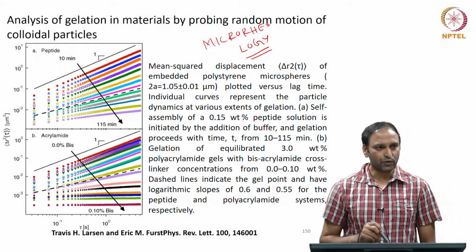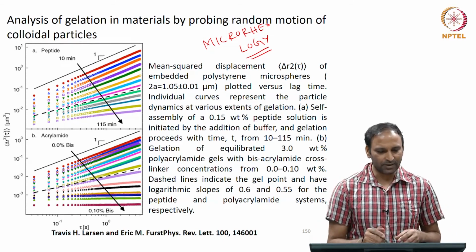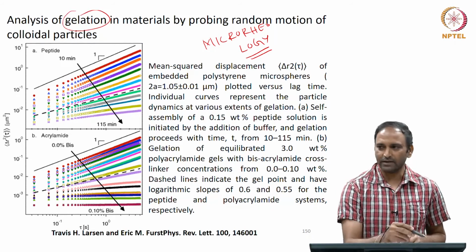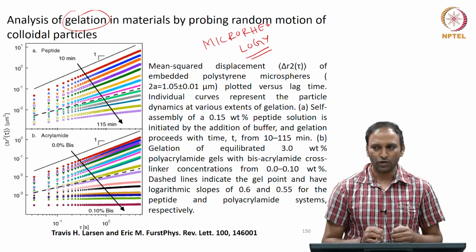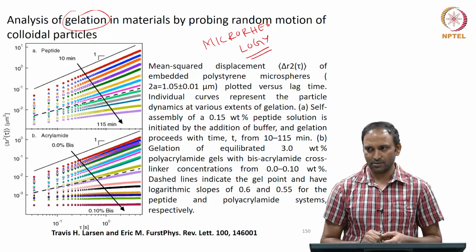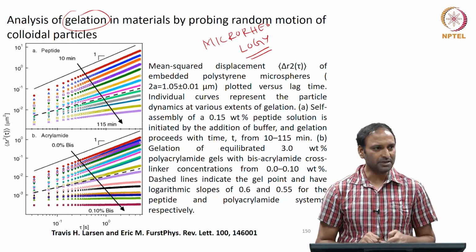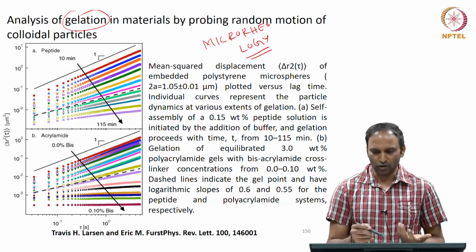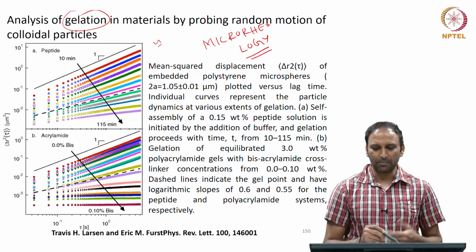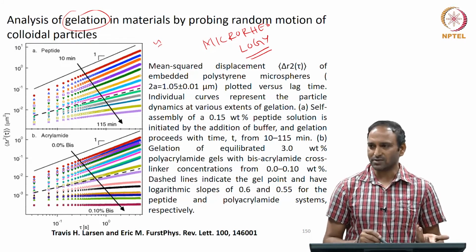In microrheology, in the system that is undergoing gelation, you put in some probe particles. If you are using microscopy, typically you take particles which are micron size length scale.